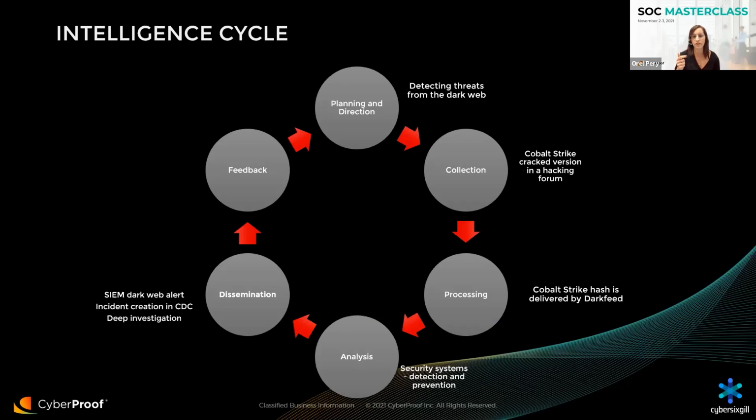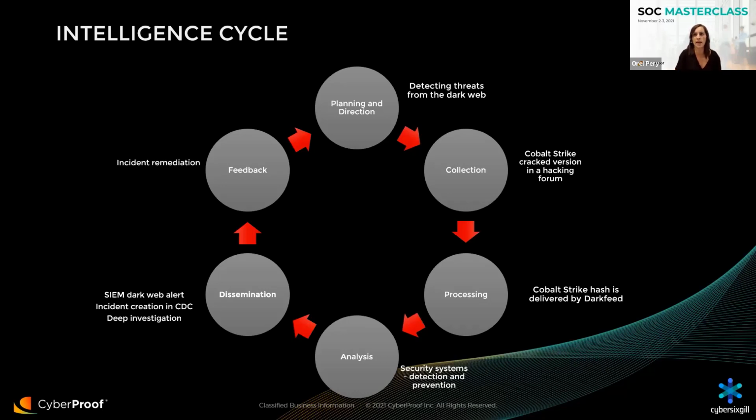In the dissemination phase, we saw that the SIEM dark web alert was triggered. It's not only in the SIEM, it also was triggered in the CDC, in the solution for collaboration and enrichment needs. And deep investigation was taken care of with some CTI enrichment and other team enrichment.